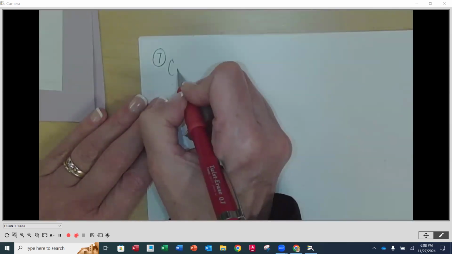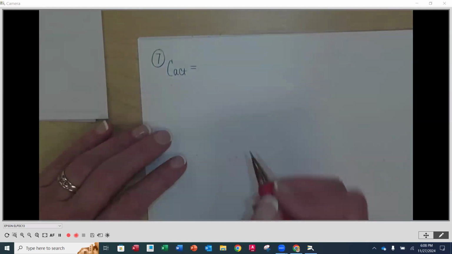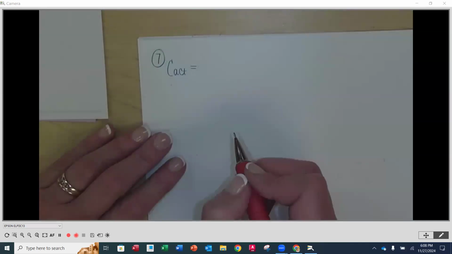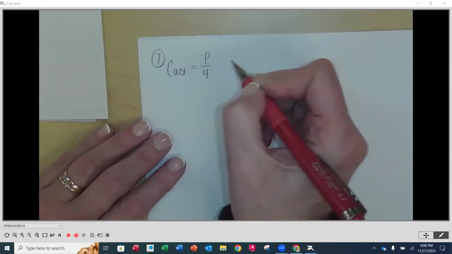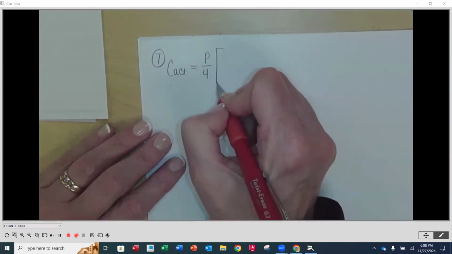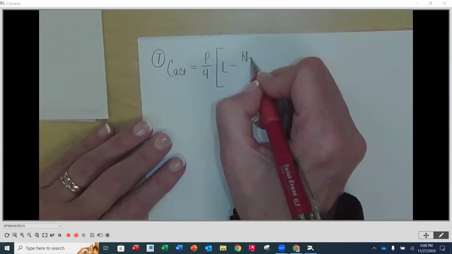Our center distance actual is going to be equal to, so again, make sure that you're writing it out exactly the way you see it here. This is going to be P over 4. And you're going to multiply that by, I'm not going to read this all to you. You guys can rewrite this.